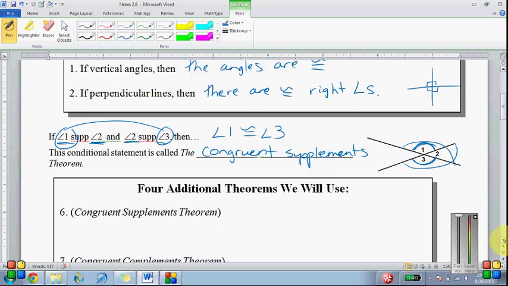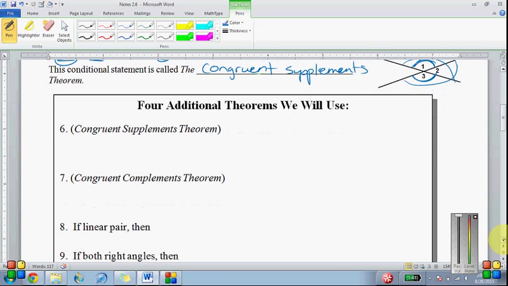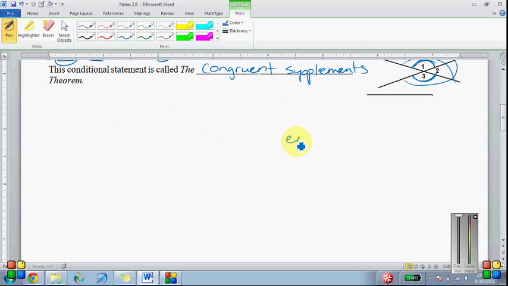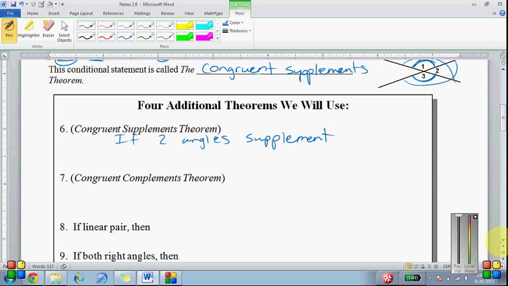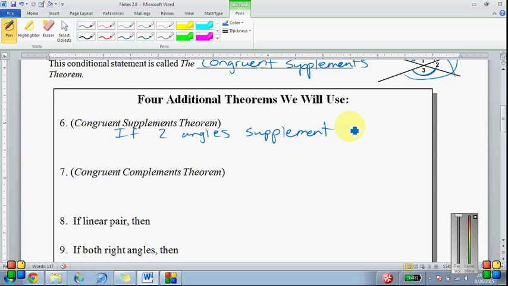So to write that out more formally, the congruent supplements theorem says if two angles are supplementary to the same angle, then those two angles are congruent.